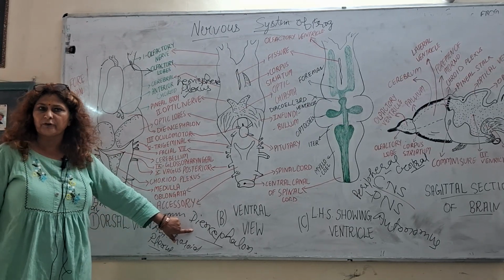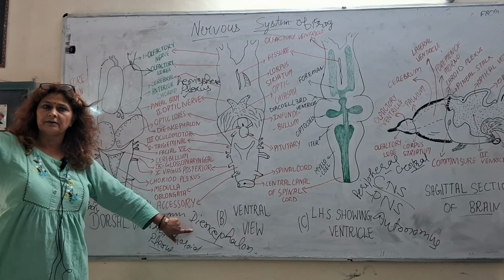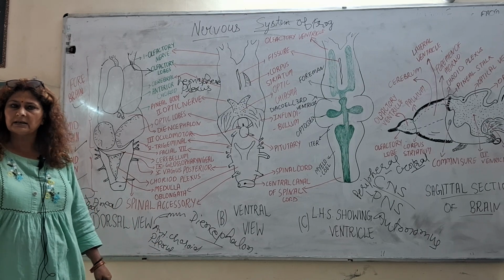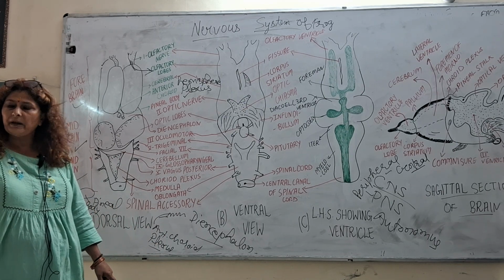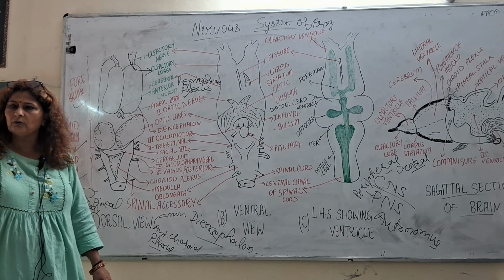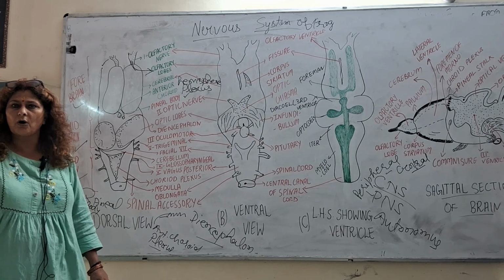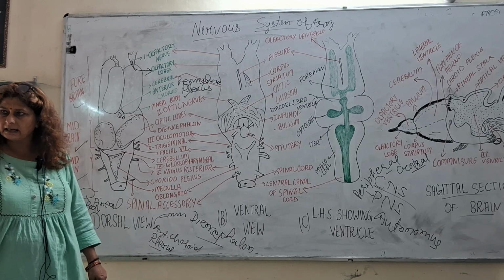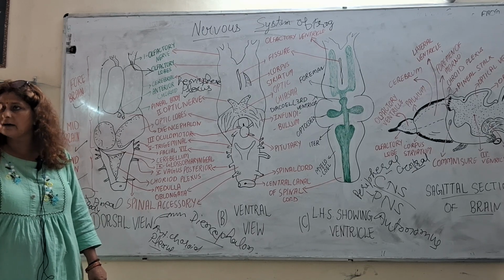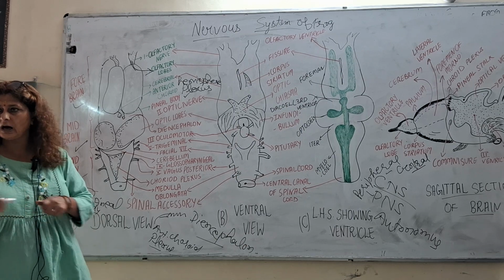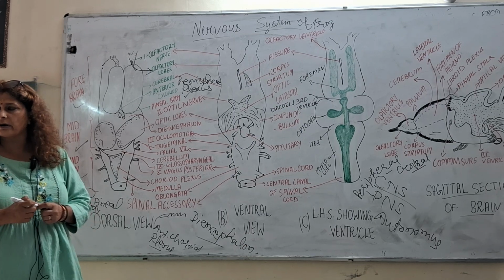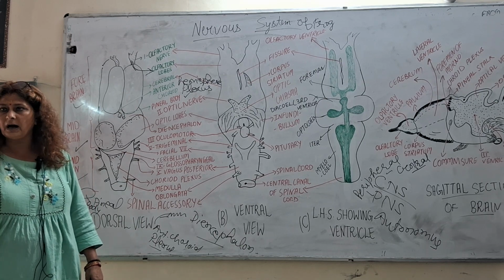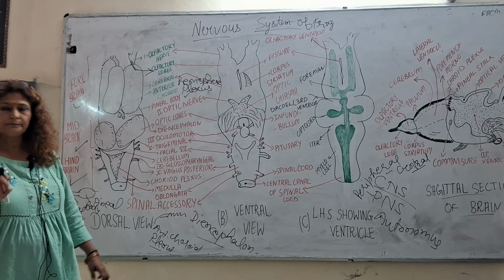In the diencephalon, on the roof side, there is the anterior choroid plexus, then the pineal stalk, and on the tip of the pineal stalk there is the pineal body. Clear, everyone? Which forms the third eye, or the brown spot on the head region of the frog.